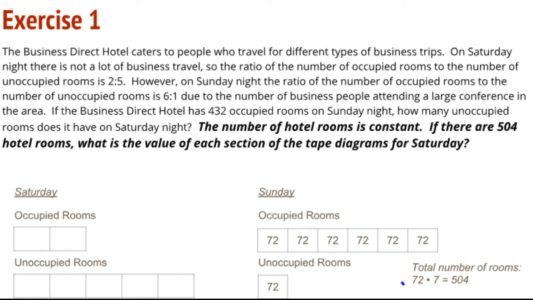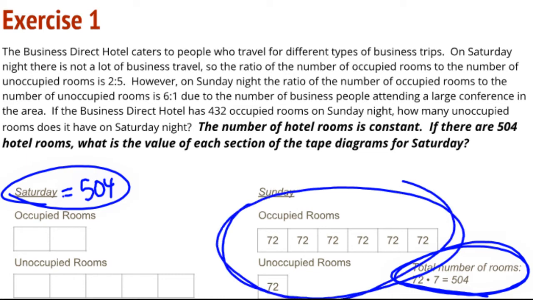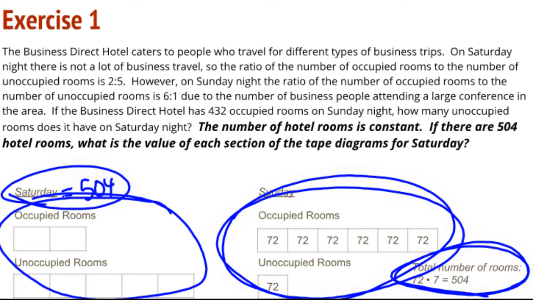If there are 504 rooms right here on Sunday, how many rooms are there on Saturday? Well, there would still be 504 rooms, right? If the 504 rooms is split into 7 pieces on Sunday, if we have 7 units, how many units would we have on Saturday? According to our ratio, 2 to 5, right?